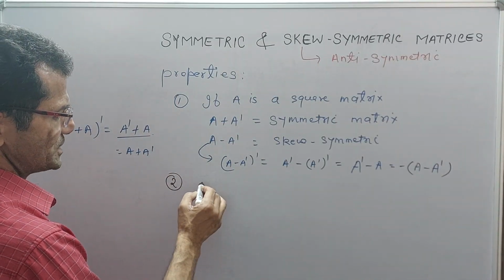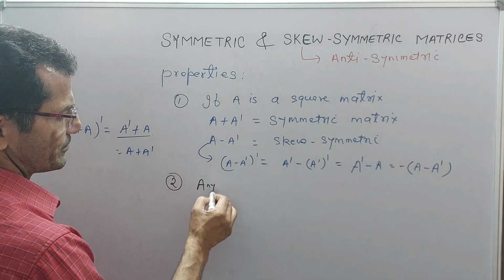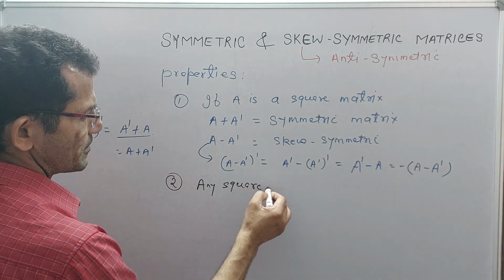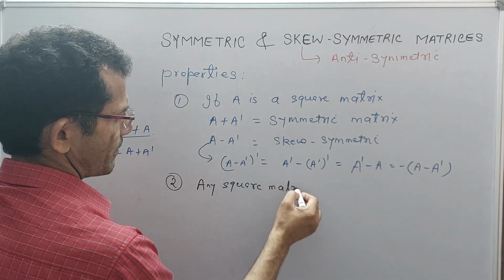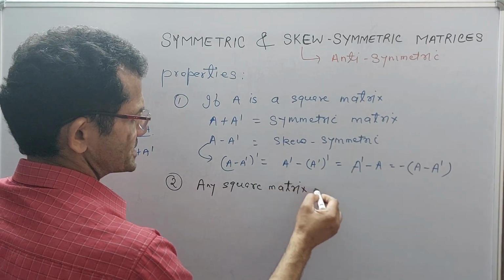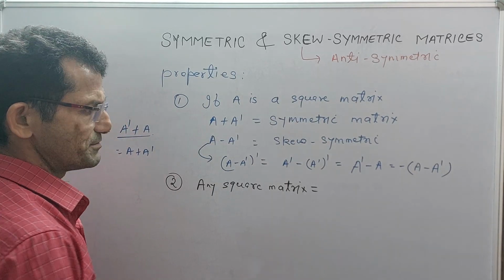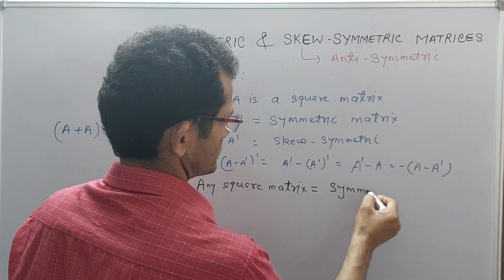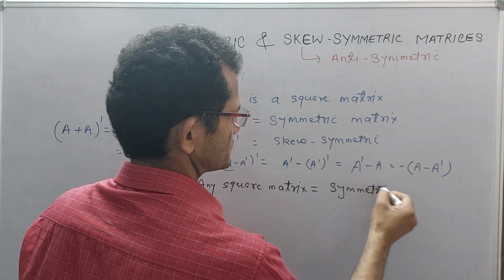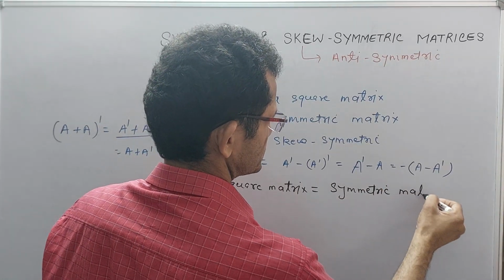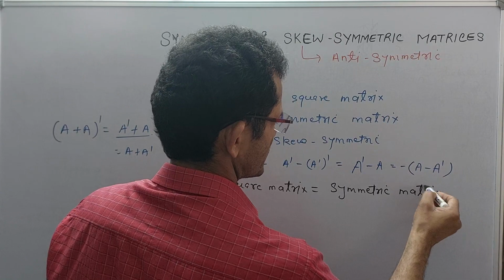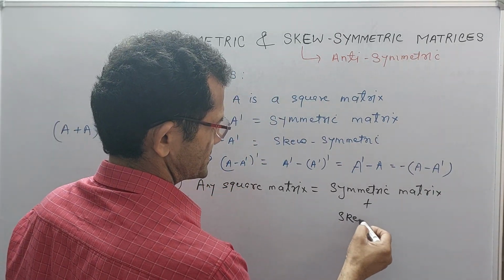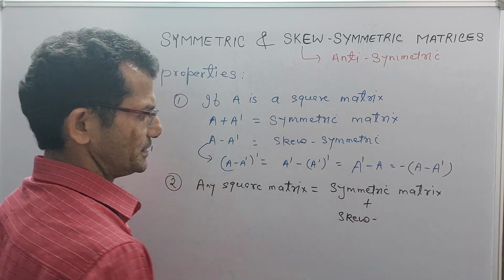Therefore any square matrix will be the sum of a symmetric matrix plus a skew symmetric matrix. This is a very important property.